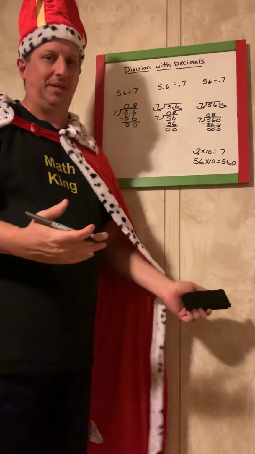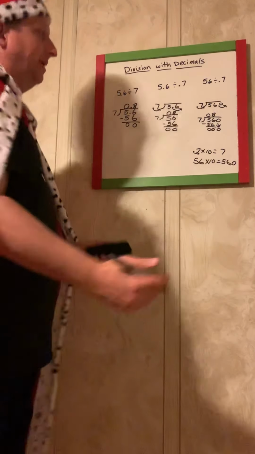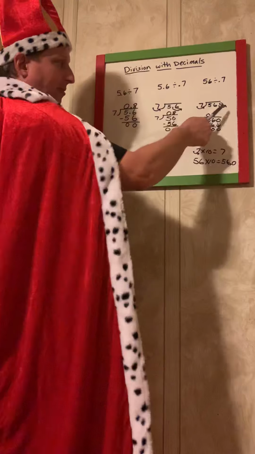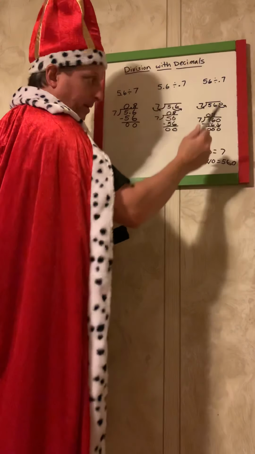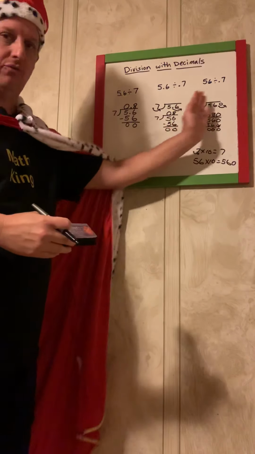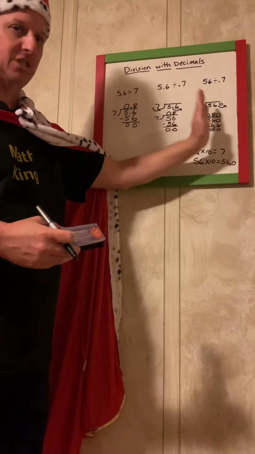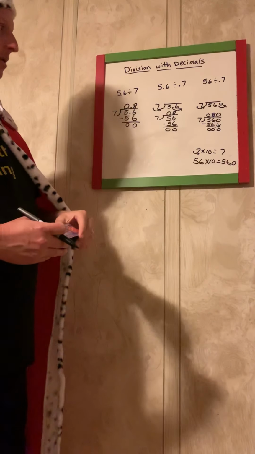We talk about the chairs again. If you have 0 chairs and 7 people want to sit down, there's no place for them to sit. So 7 goes into 0, 0 times. I have to put my 0 up here. It's very important. I can never leave an empty space over here at the end of a decimal problem. The quotient has to have something above each number. Okay? So now when I'm done, I don't need this 0 right here.